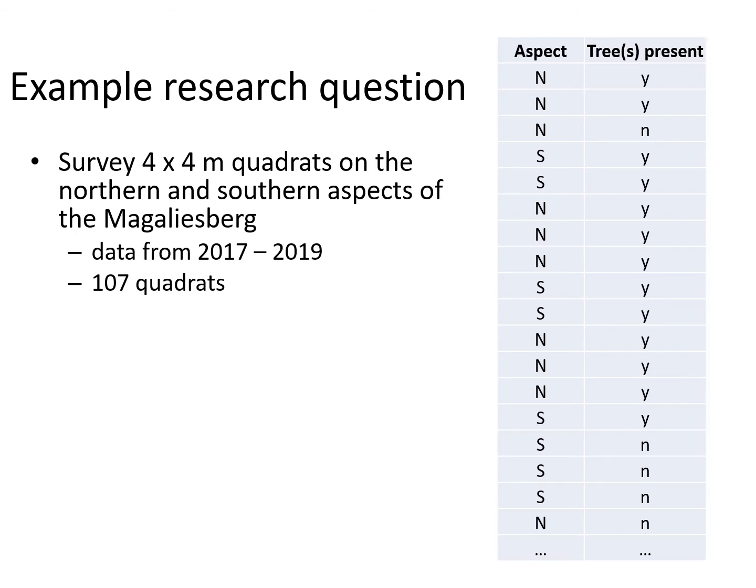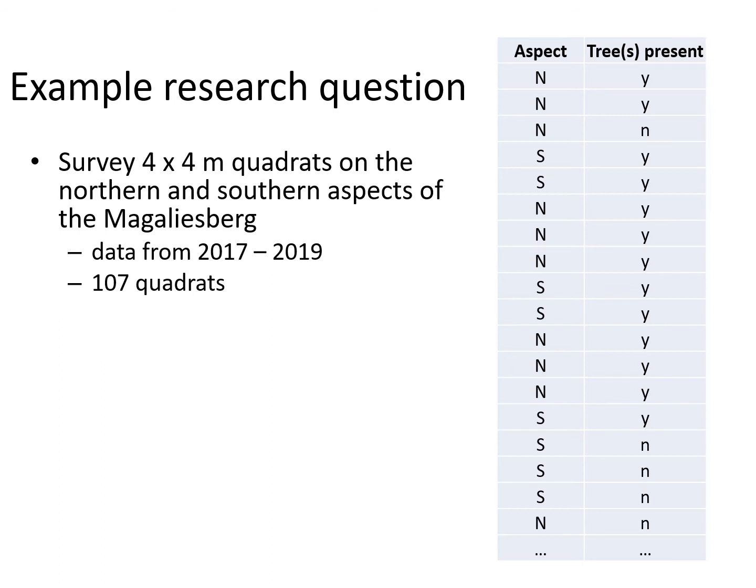Quadrats of 4x4 meters were surveyed on the northern and southern aspects of the Magaliesberg, and from that we can extract whether trees were present or not. We're going to use data from 2017 to 2019. After excluding quadrats with aspects that aren't nicely north or south, we're left with a sample size of 107 quadrats. That's a nice big sample size.